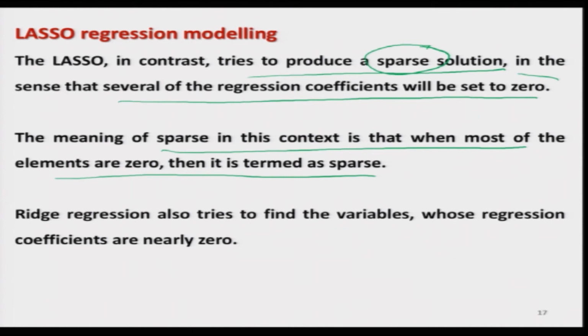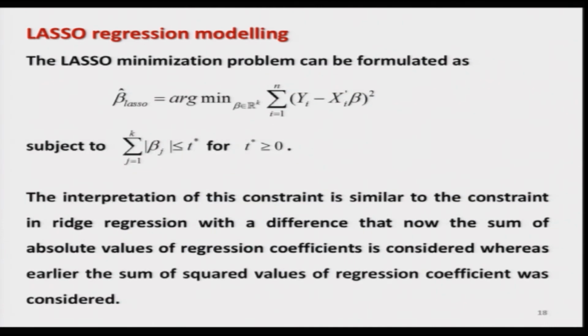Now, if you compare LASSO regression with ridge regression, ridge also tries to do the same thing, identifying which regression coefficients are nearly 0, but definitely LASSO works better, and that is why LASSO has become very important.